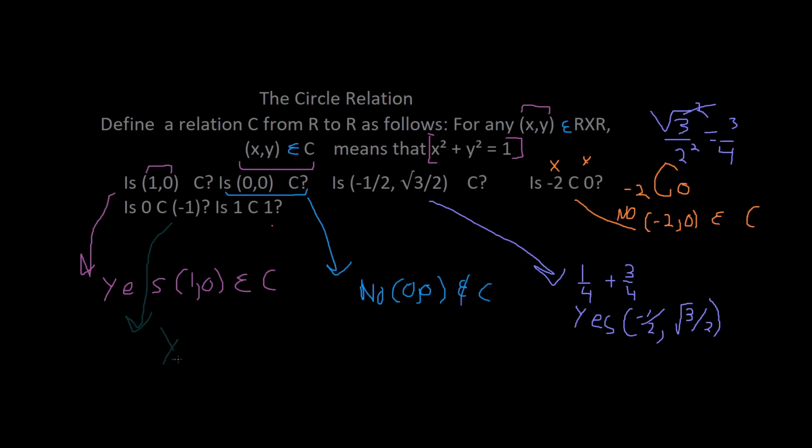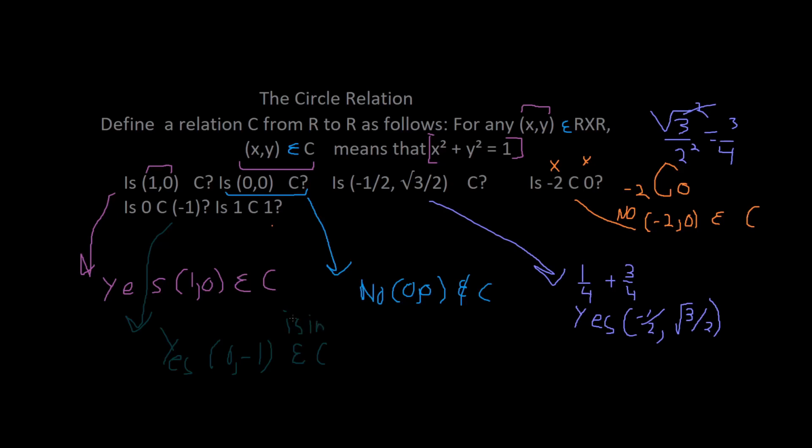So yes, the ordered pair 0, comma, negative 1 is in C. What you don't want to put is... but "is in" means the same thing as saying an element of C. So if you want to put "is in," that's alright.